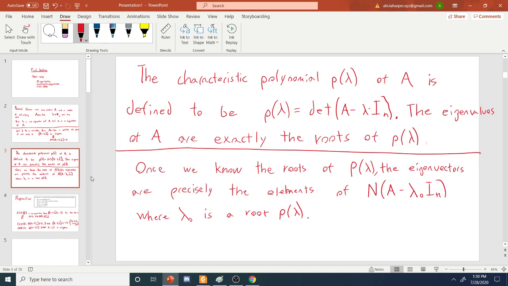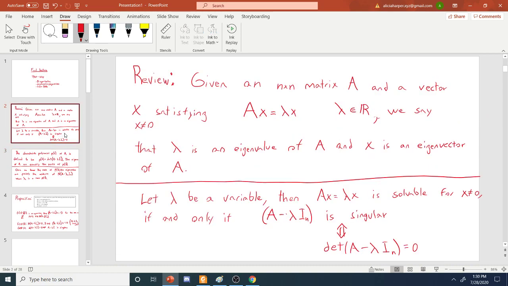So the algorithm basically has two steps. First, you find the characteristic polynomial, then you find its roots, and then you analyze the null space of A minus a root times the identity matrix. And this is how you find all x and lambda satisfying this equation.